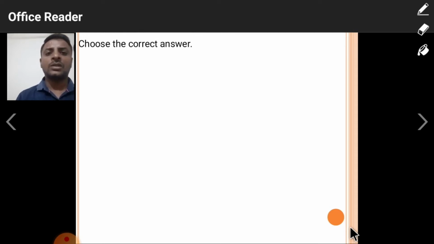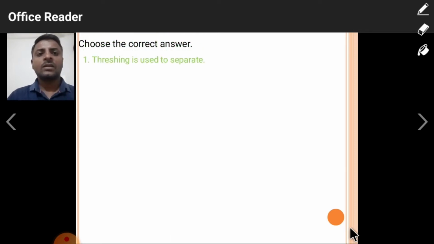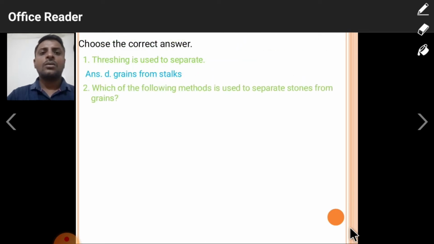One kind of MCQs. Let's see, the first one: threshing is used to separate D. Grains from stalks. Which of the following methods is used to separate stones from grains? The correct answer is hand picking.